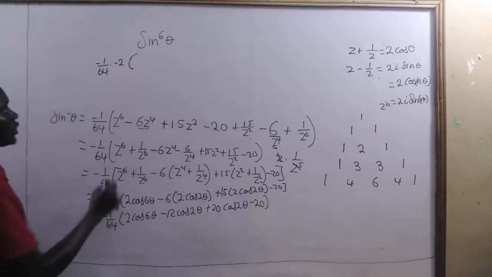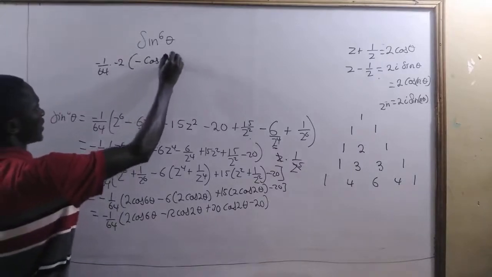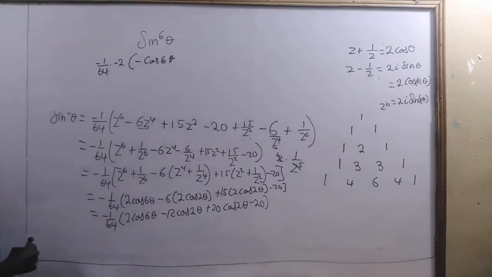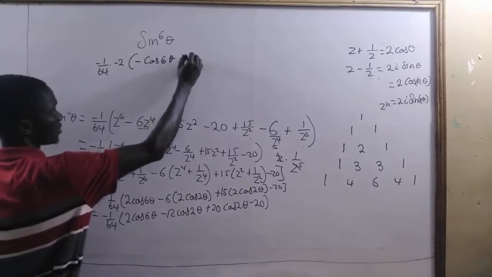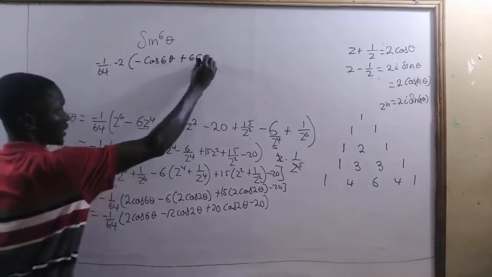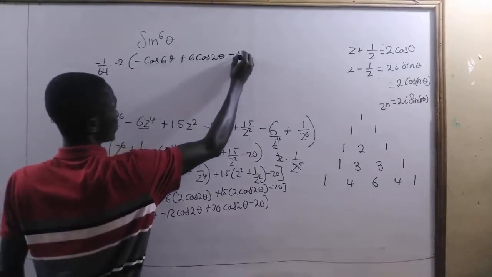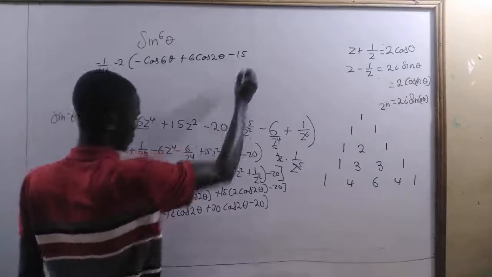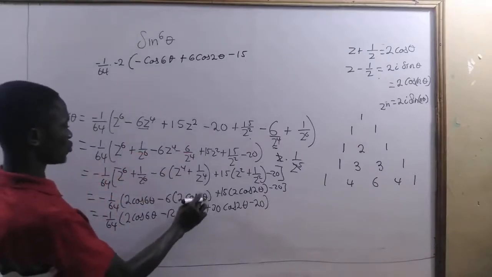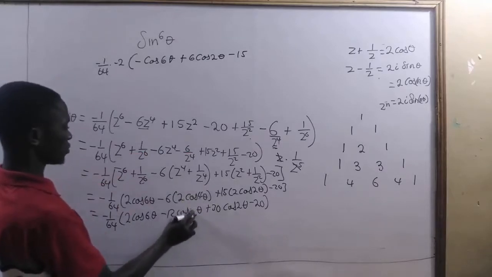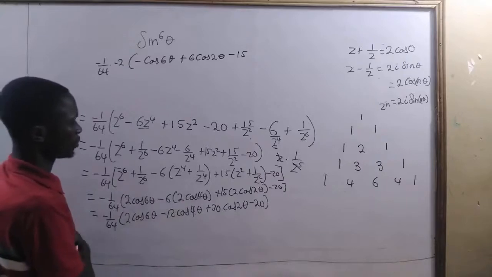So let's start. I'm going to have minus cosine 6 theta, right? Plus 6 cosine 4 theta, minus 15 cosine 2 theta. Oh wow, here is 4, not 2, because you have n to be 4, right?